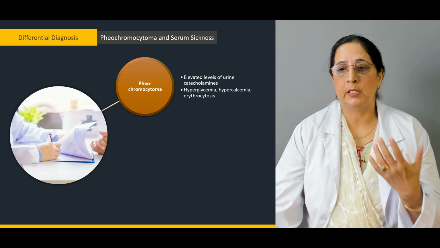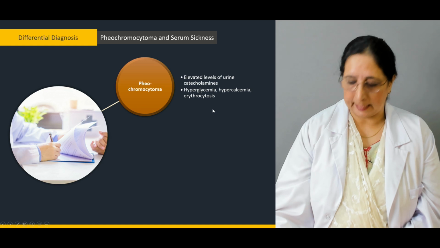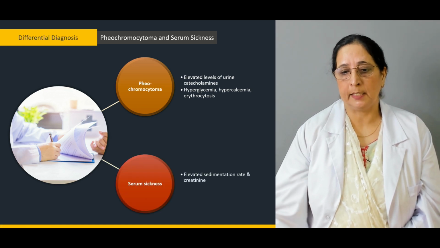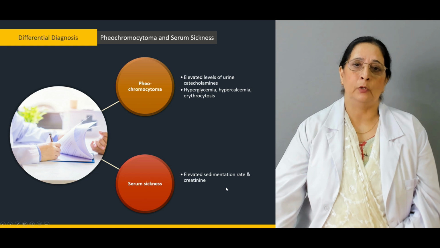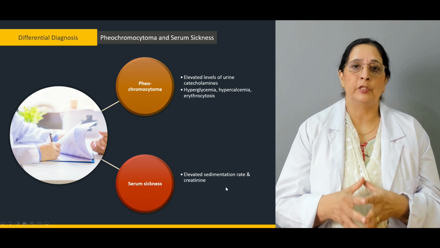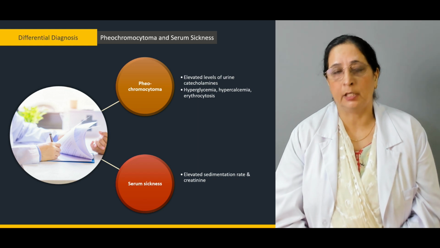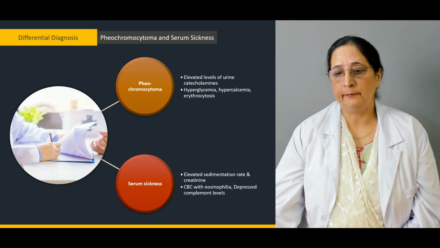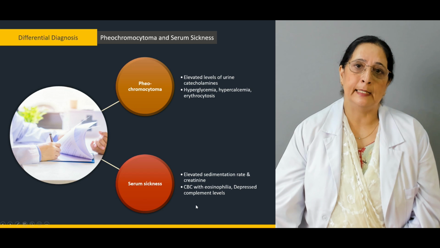Increased glucose, increased calcium, and an increase in the red blood cells. Serum sickness has elevated sedimentation rate and creatinine level. So again, pheochromocytoma and serum sickness need to be differentiated also. CBC with eosinophilia, depressed complement levels.